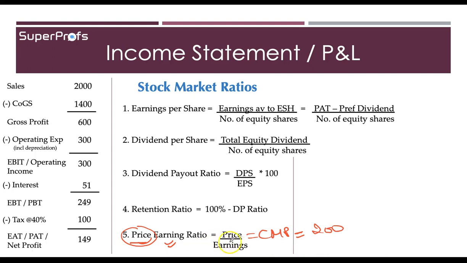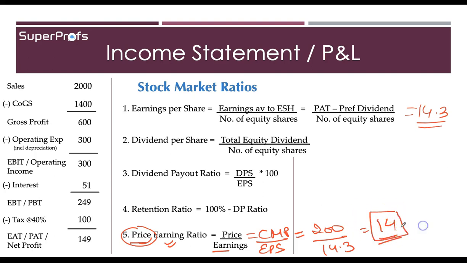This has to be divided by the earning, and here by earnings we mean the earning per share, which is 14.3. So you divide by 14.3, and the value comes around 14. What does this mean? This means that the current market price is 14 times the earning per share.